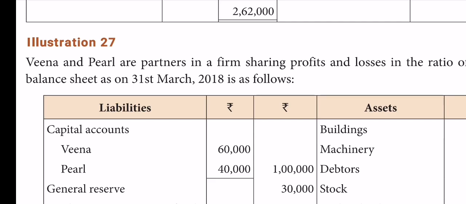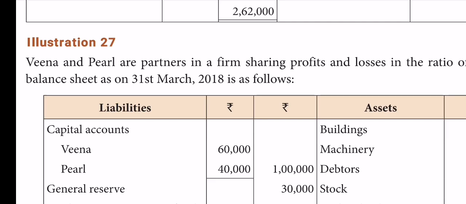1. Capital brought in by the new partner. 2. Distribution of undistributed profit and loss, general fund and reserve fund. 3. Revaluation of assets and liabilities. 4.